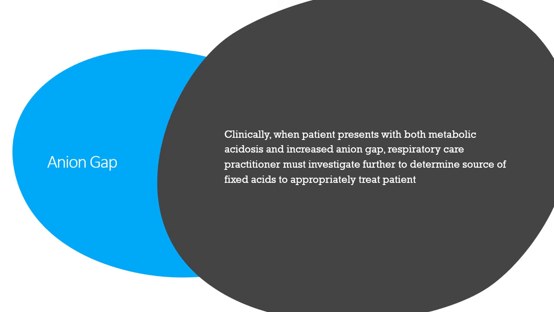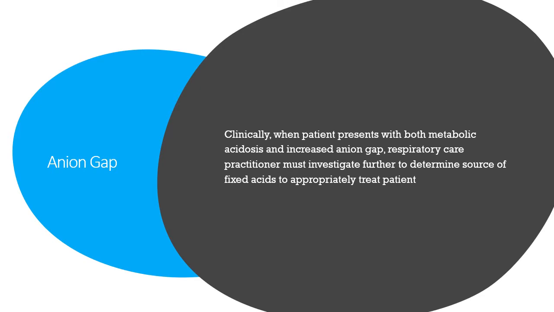Clinically, when a patient presents with both metabolic acidosis and an increased anion gap, the respiratory therapist must investigate further to determine the source of the fixed acids and to appropriately treat the patient.